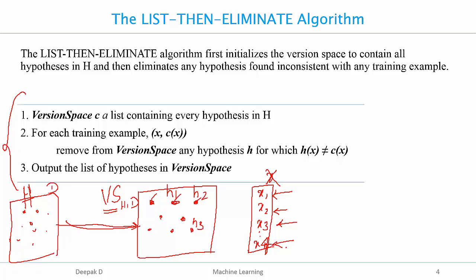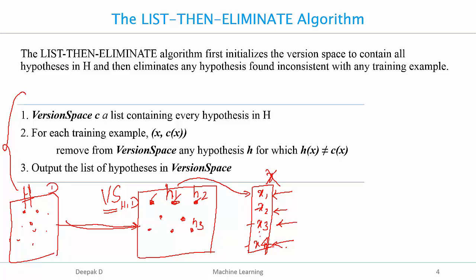So here assume that H1 is consistent only with respect to X1, and the remaining 3 instances are not consistent with hypothesis 1. So what do you have to do?